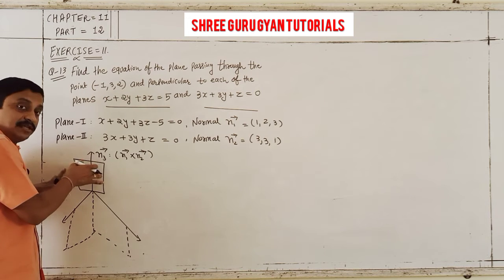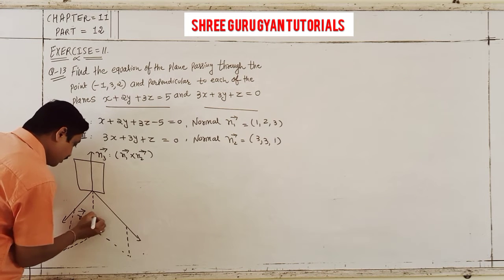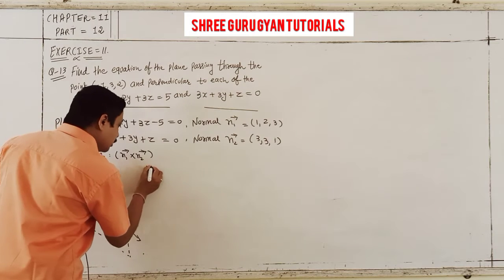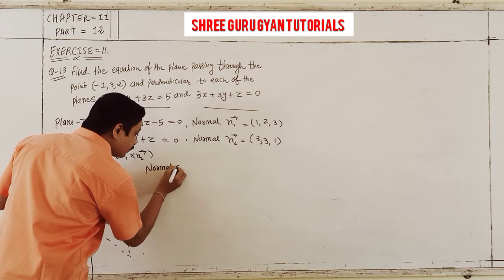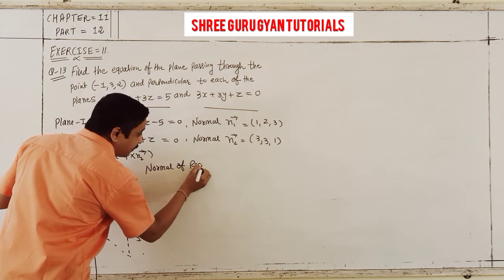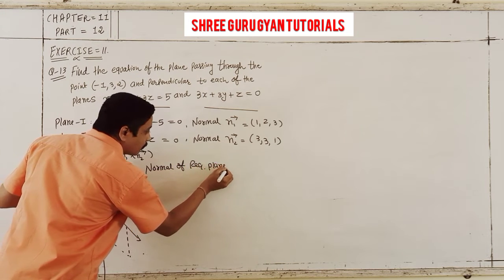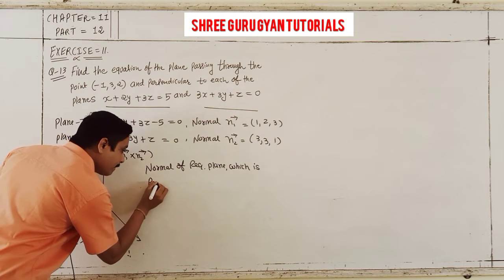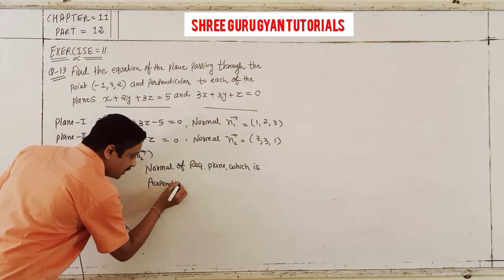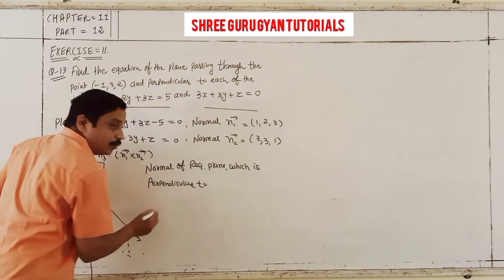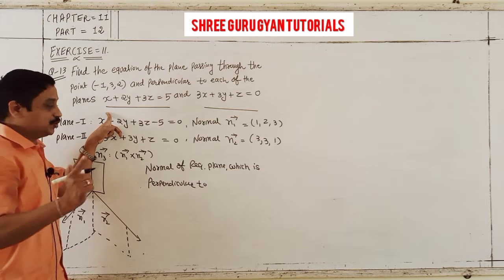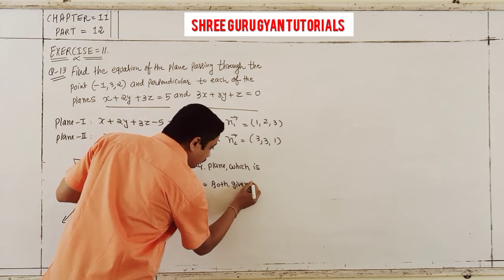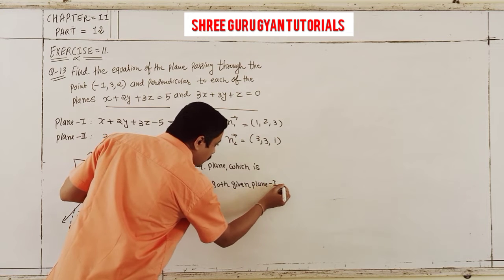This normal I will create from the normal n1 and normal n2, and it gives the normal n3, the normal of the required plane, which is perpendicular to both given planes 1 and 2.